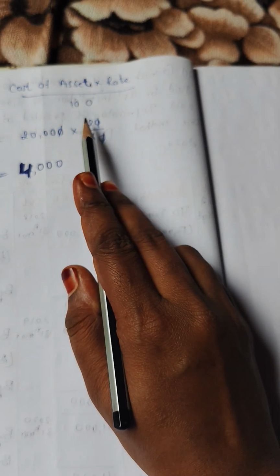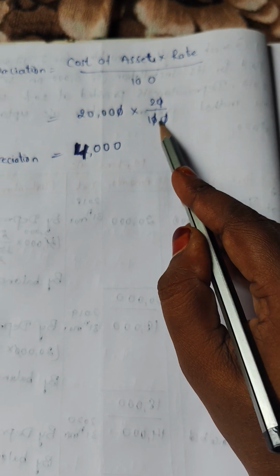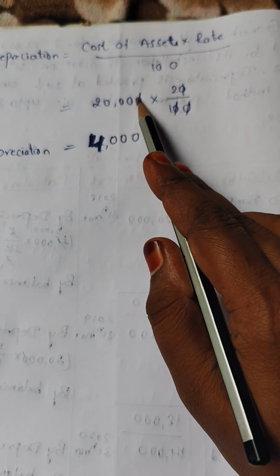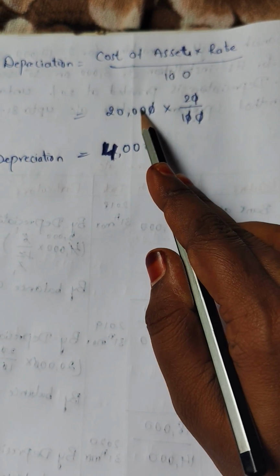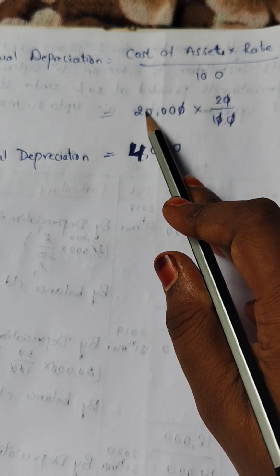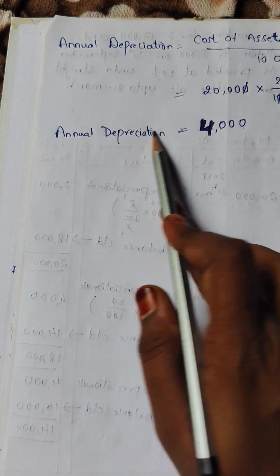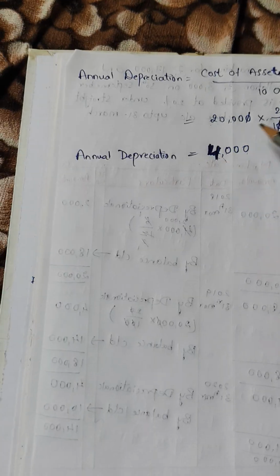We take 20 by 100. These zeros we have to cancel, again these zeros we have to cancel. Then 2 zeros are 0, 2 twos are 4. So here we got annual depreciation 4,000. This 4,000 we have to take here.